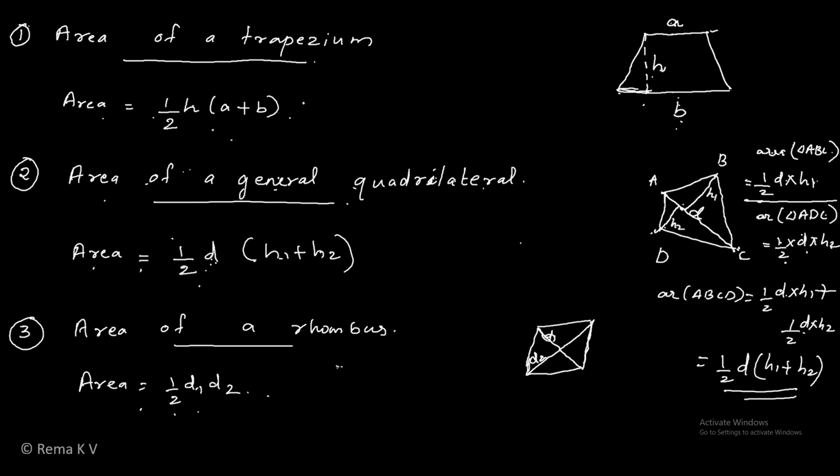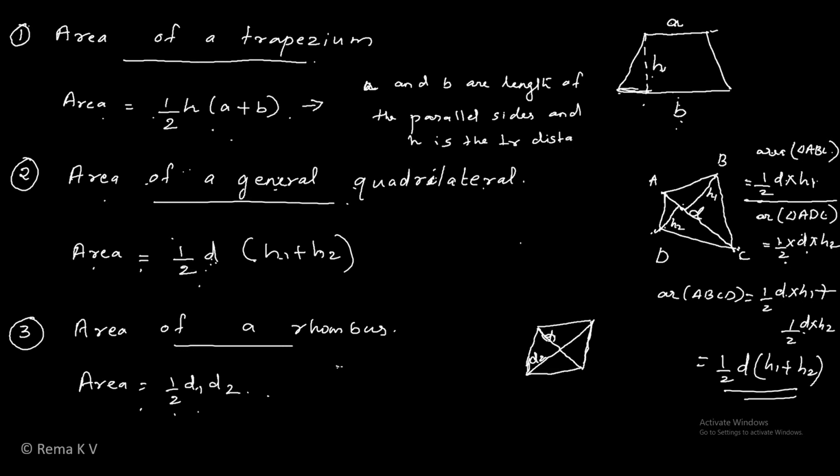See, here you can write this. H, A and B are the lengths of the parallel sides, and H is the perpendicular distance between them.